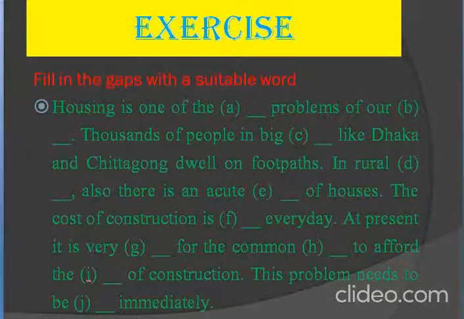It is very difficult for the common people to afford the cost of construction. This problem needs to be solved immediately. Write the verb in past participle form after to be, okay? I can say here, this problem needs to be solved immediately, or this problem needs to be addressed immediately.